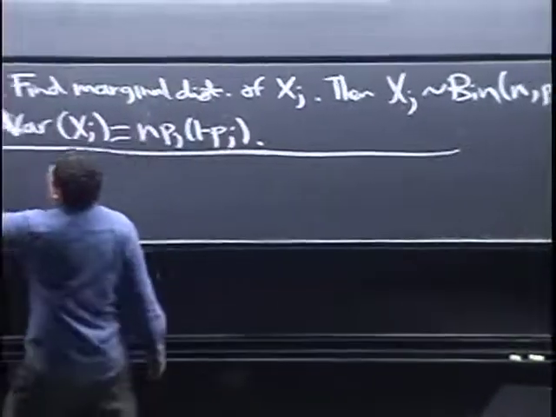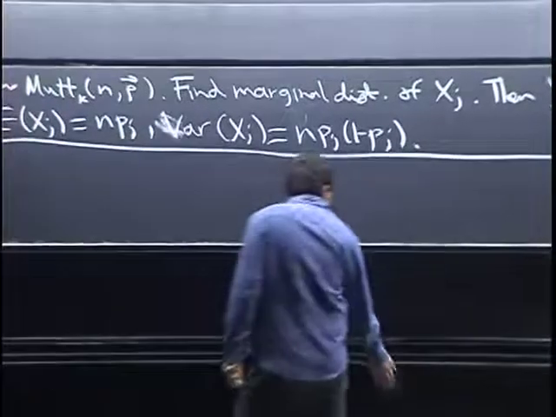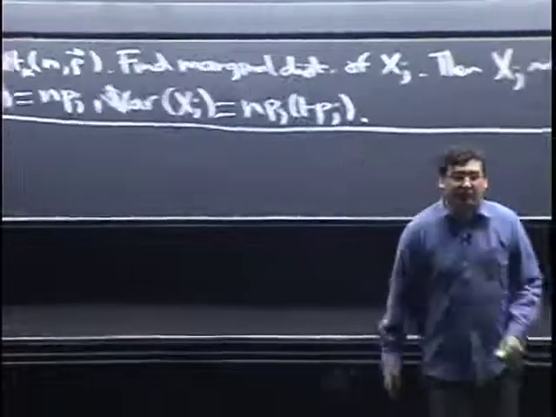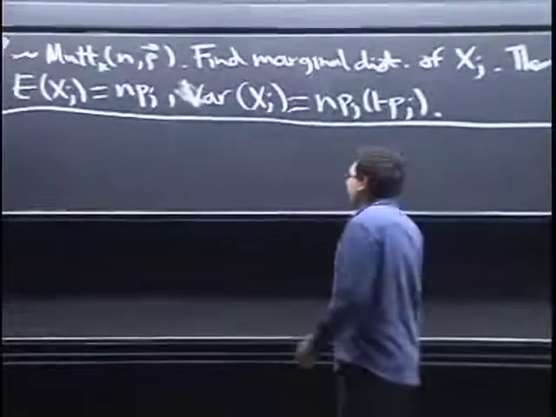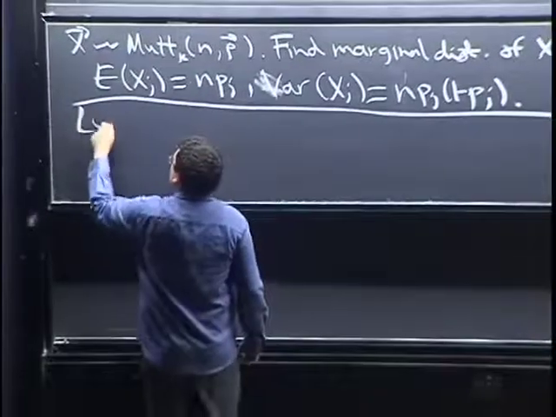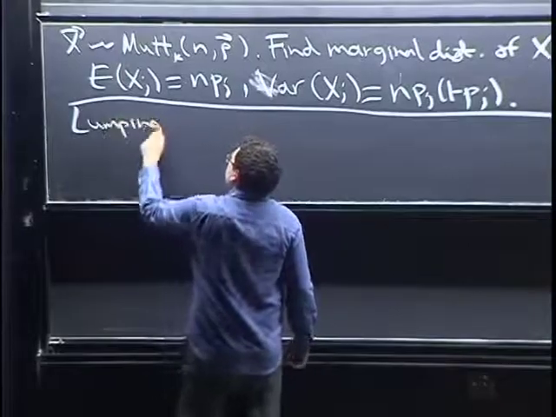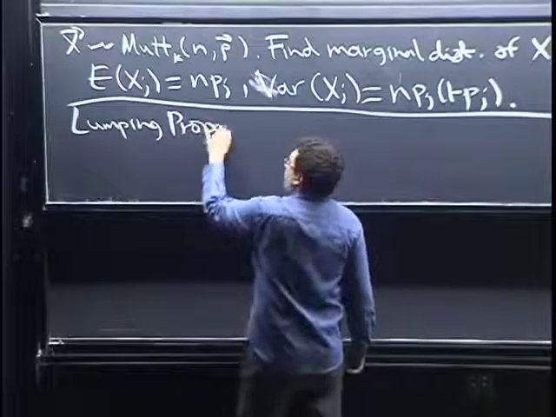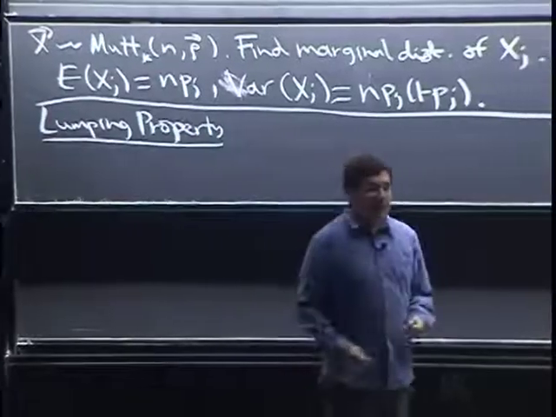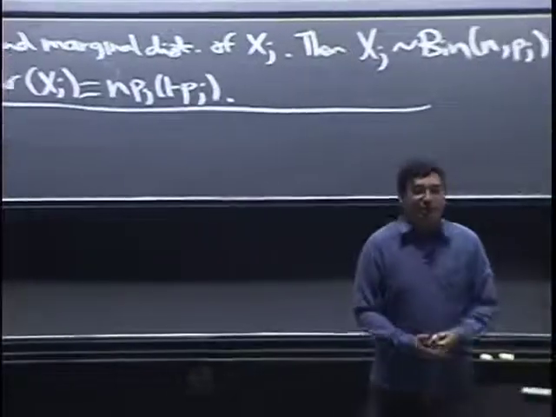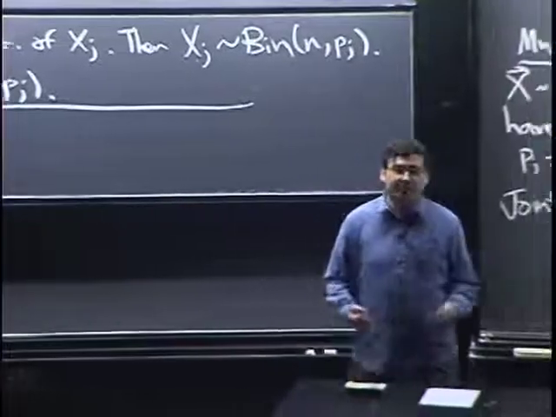Let's think about something similar. I call this a lumping property. We have all these categories. What happens if we decide to merge certain categories together?